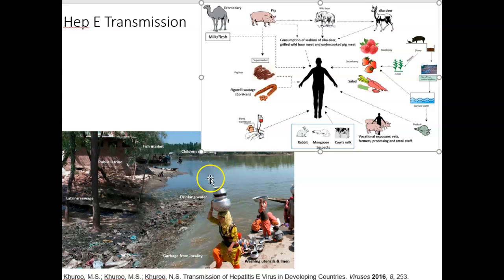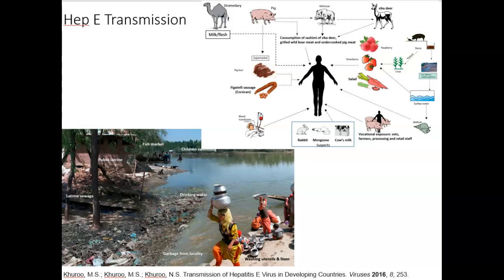Or people might be using this river also for irrigation, and so that gets into their fresh fruits and vegetables. So adequate sanitation and adequate toilet facilities would go a really long way in preventing hepatitis E, but also a lot of other illnesses that are transmitted fecal-orally.